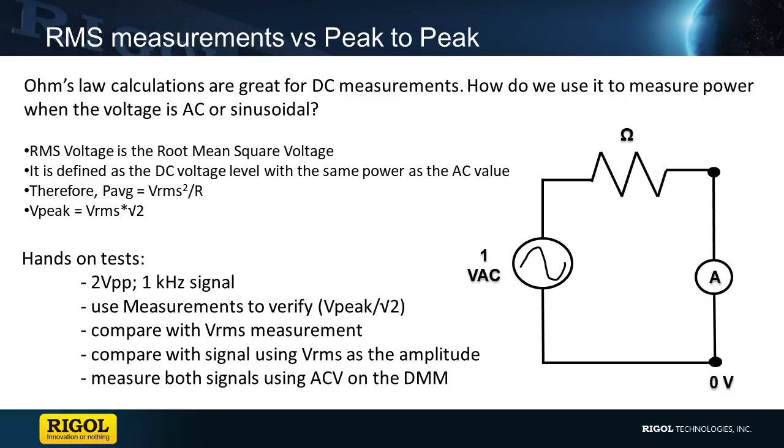This is where the concept of RMS voltage becomes important. Whenever you're talking about AC signals, it's very common for people to use volts RMS or RMS notation. What that really means is that the RMS is the equivalent voltage level that, if it were DC, would create the same amount of power as that AC signal.